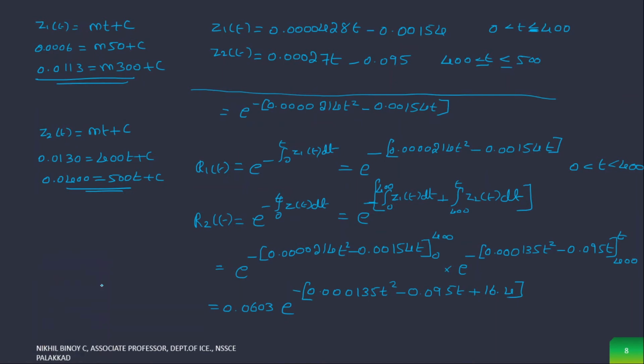So the big R of t is equal to this one if 0 less than t less than 400.